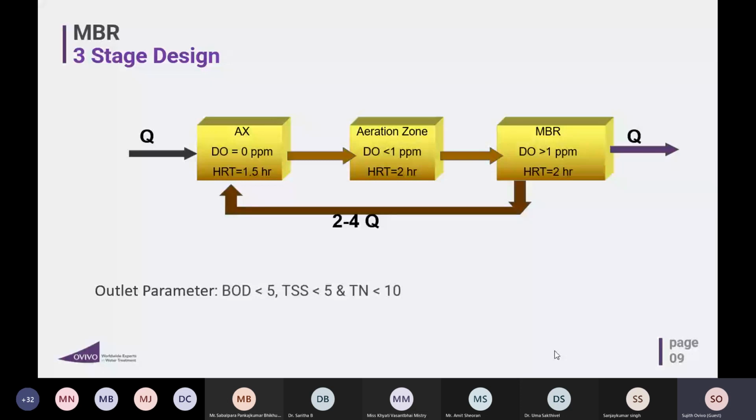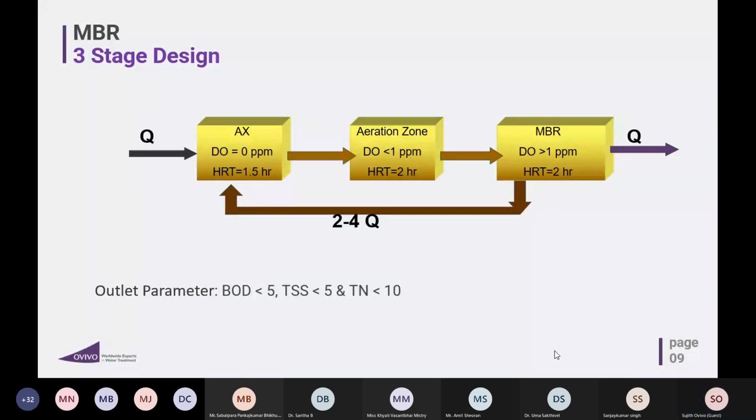You'll come to know, I'll briefly touch upon what is nitrification, what is denitrification. In this design, typically you can achieve the parameters of BOD less than 5 ppm, TSS less than 5 ppm, and TN, total nitrogen, which is less than 10 ppm.